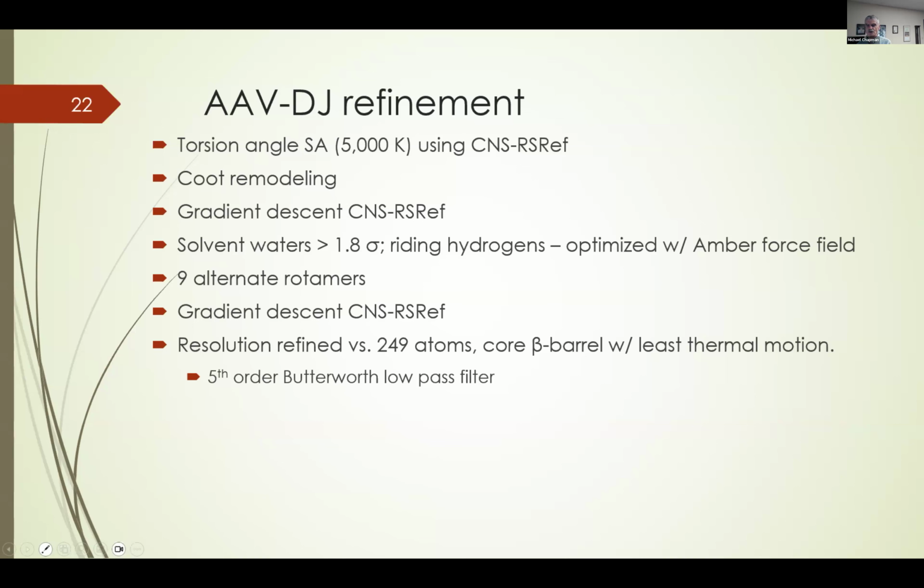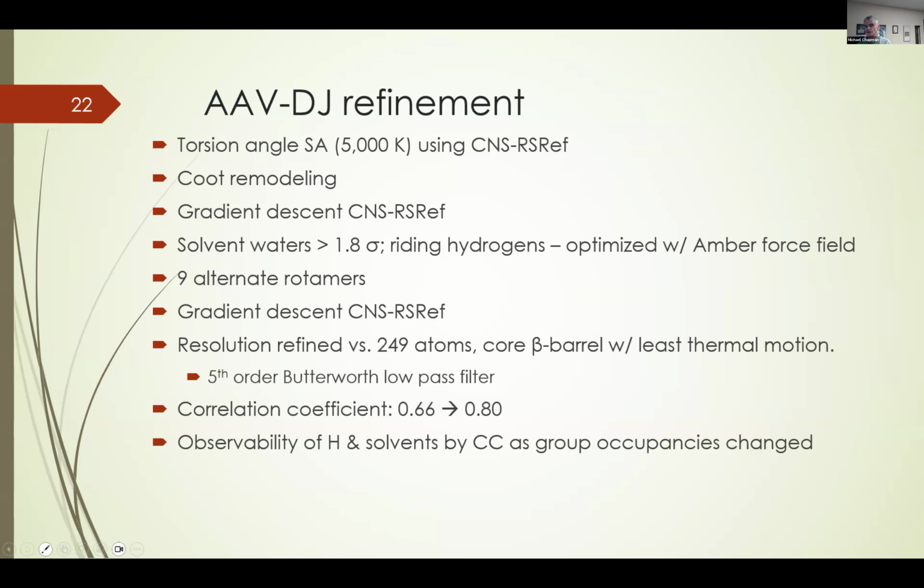That's in fairly close agreement with the FSC that was 1.56. Overall, the correlation coefficient improved to 0.8. And we were also able to see many of the hydrogens.